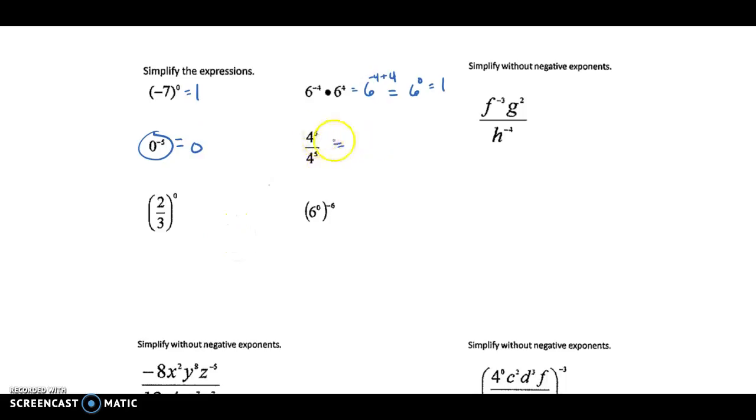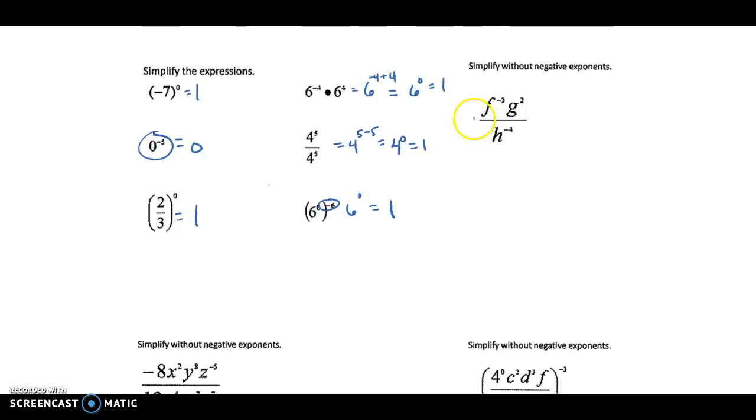Here, if I rewrite that, I subtract the exponents. I get 4 to the 0, which is 1. 2/3 to the 0, 1. And 6 to the 0 times negative 6, when I multiply, I get 0. 6 to the 0 is 1. Okay? So anything to the 0 power is 1.